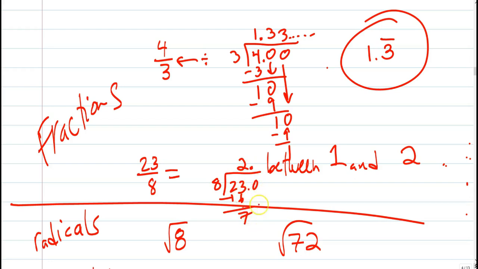How about 8 into 70? 8 times 9 is 72. That's too big. 8 times 8 would be 64. Leaves us with 6. Another 0. 8 into 60. 8 doesn't go into 60 evenly, but I think 8 times 7 would be 56.